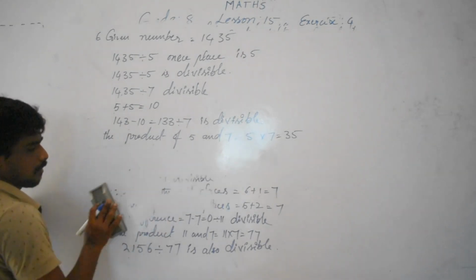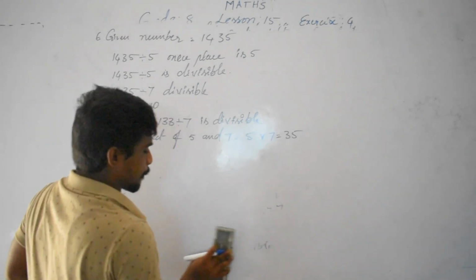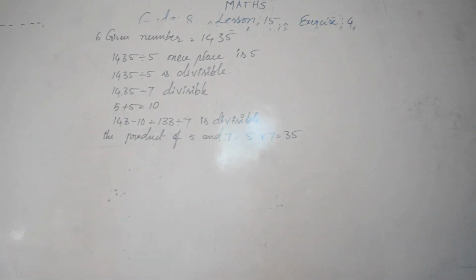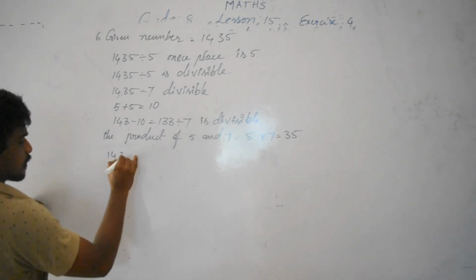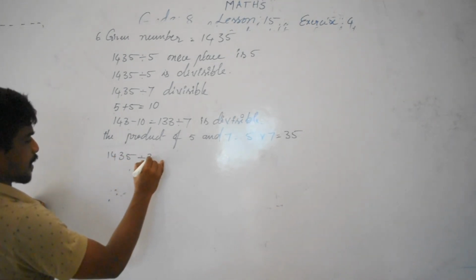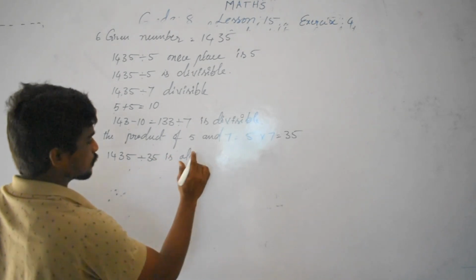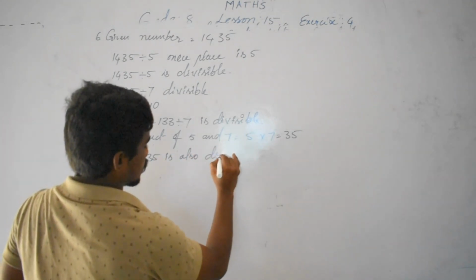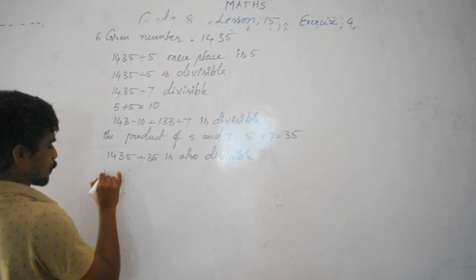Easily, we said if one number is divisible, its factors are also divisible. See, 1435 divided by 7 is divisible, 5 is also divisible.